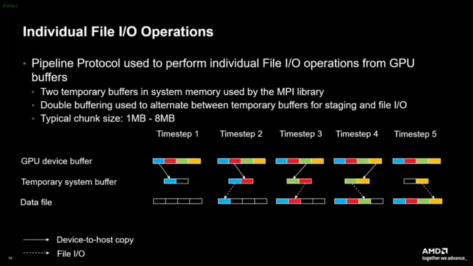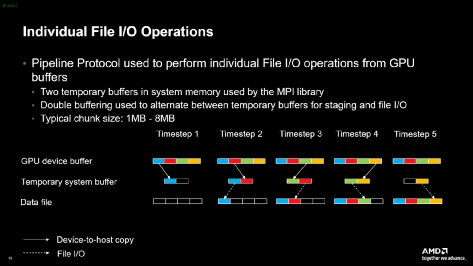So one of the other aspects where GPU support is coming into play in OpenMPI is MPI file I/O. OpenMPI 5 already supported reading and writing directly from and to GPU buffers. The way this is handled is that the I/O framework can manage temporary buffers on the CPU side.